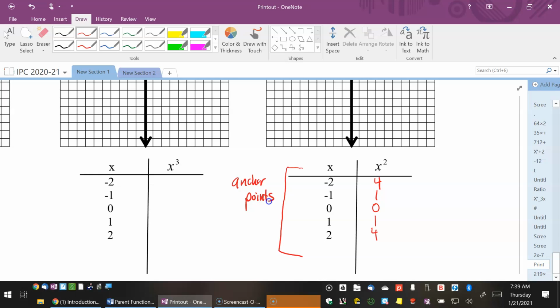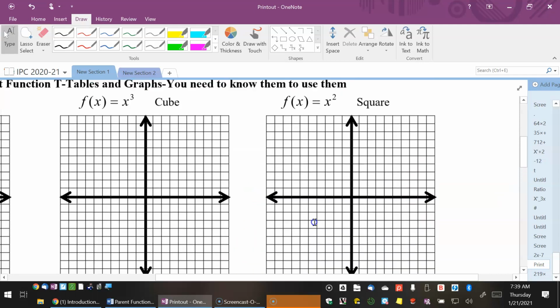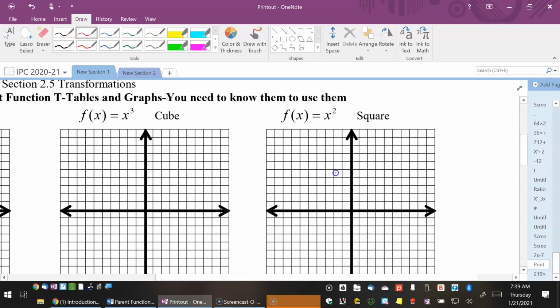Now, if we've gone to the trouble of generating these x and y pairs, this is a y value. We might as well plot the points, negative 2, 4, negative 1, 1, 0, 0, 1, 1, 2, 4. We might as well plot the points. We might as well connect the dots.